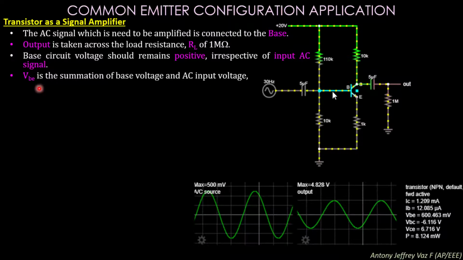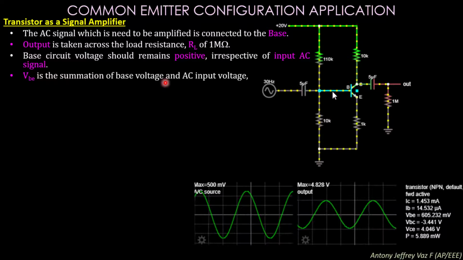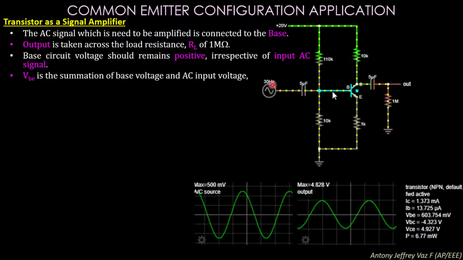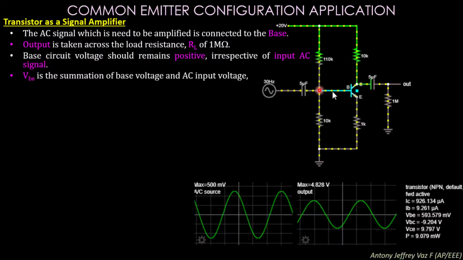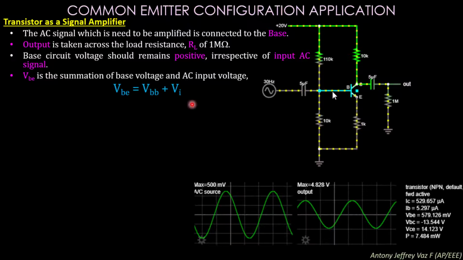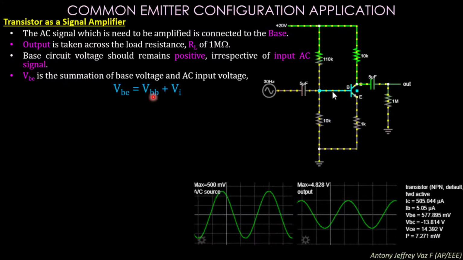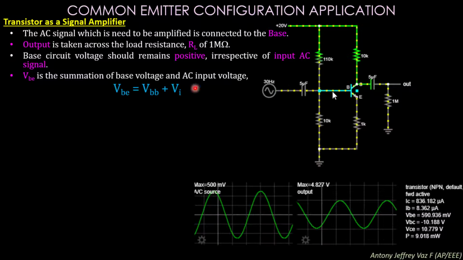VBE is the summation of the base bias voltage and the AC input voltage. So what happens here? There will be a summation of two voltages, the two voltages are VBB and VI.